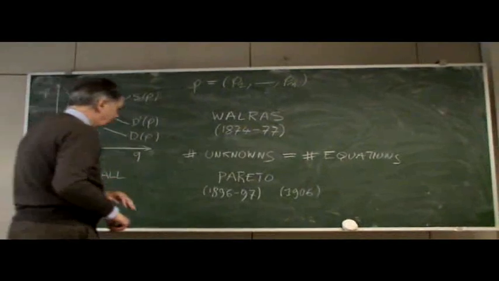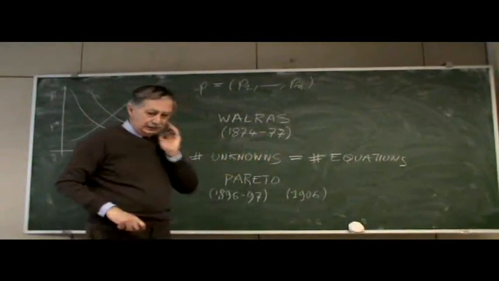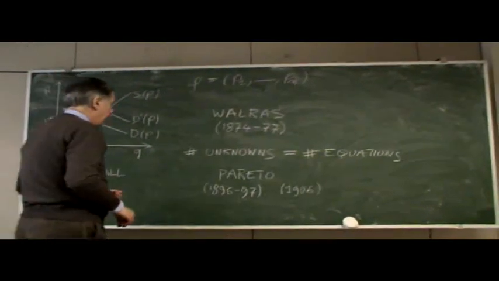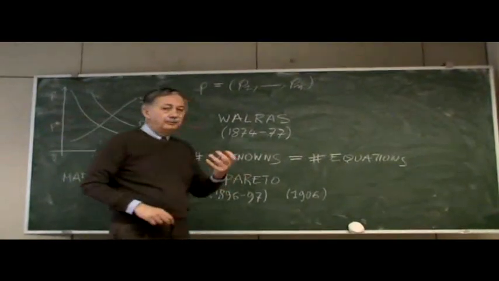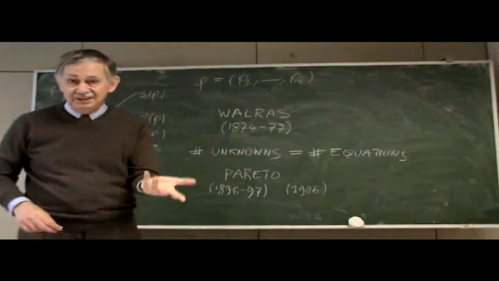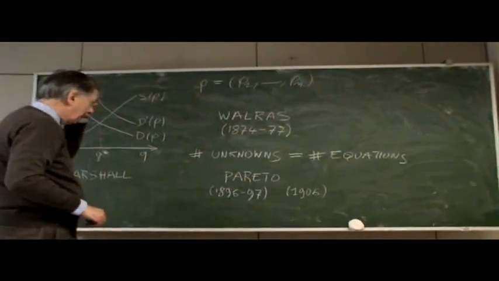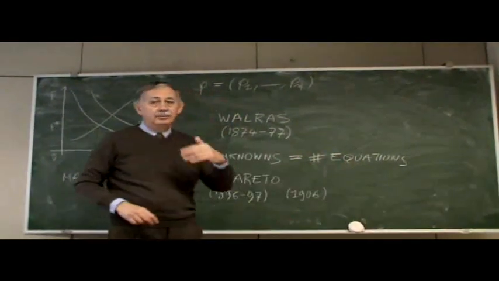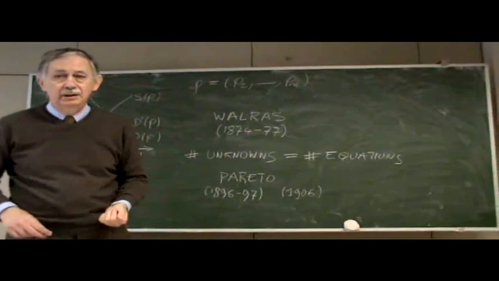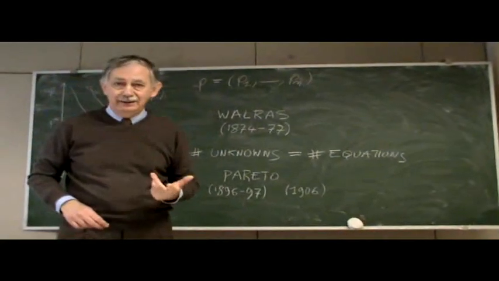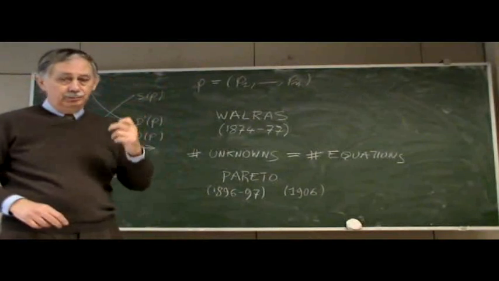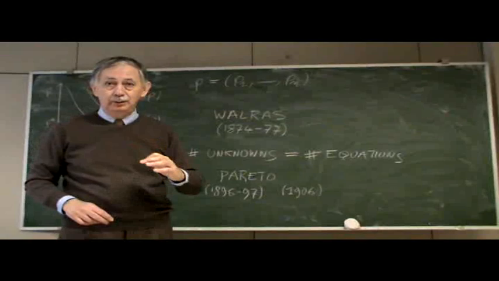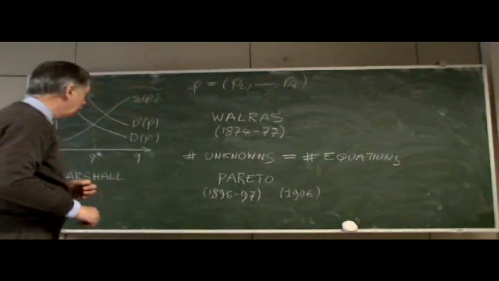In these two works, Pareto, following Walras, but from the point of view of the proof of existence of equilibrium, also limited himself to stating this equality. No substantial progress is found in the works of Pareto if you limit yourself to the problem of existence of a general economic equilibrium.